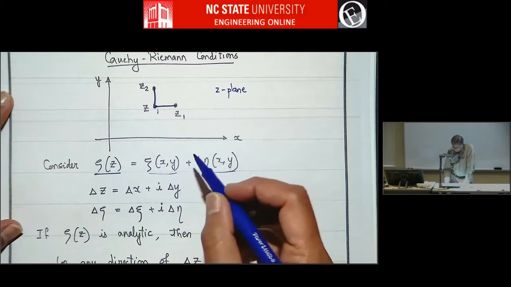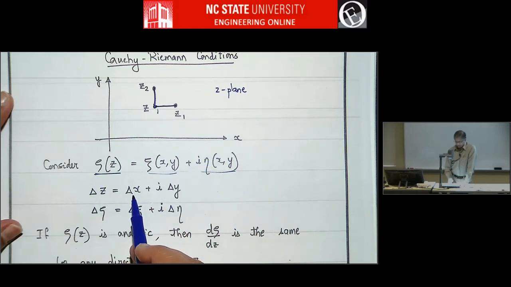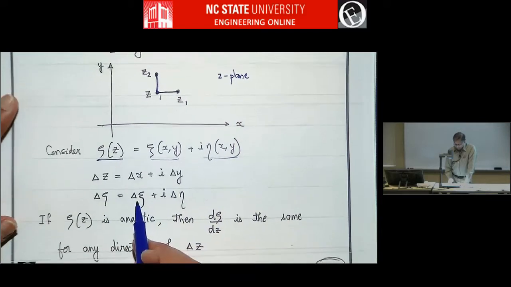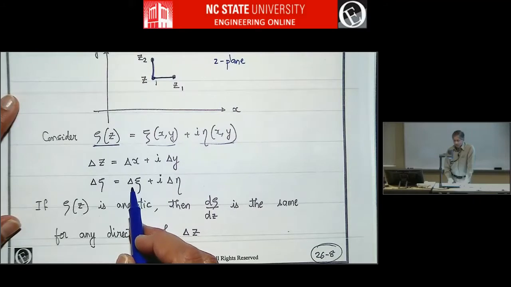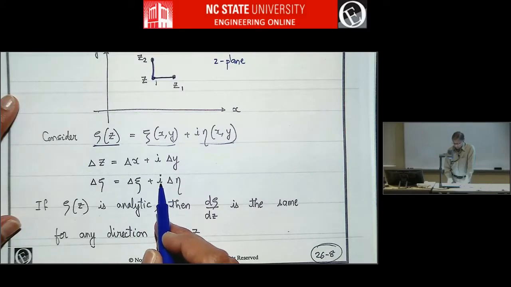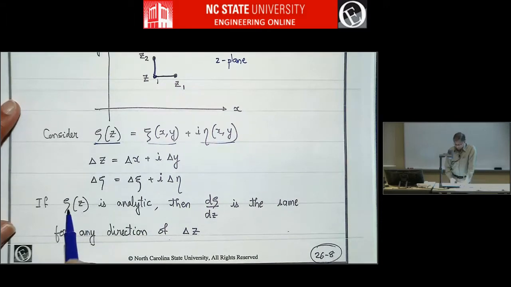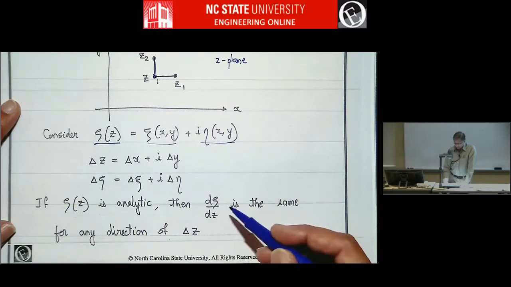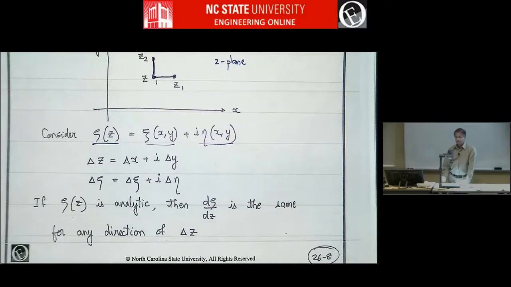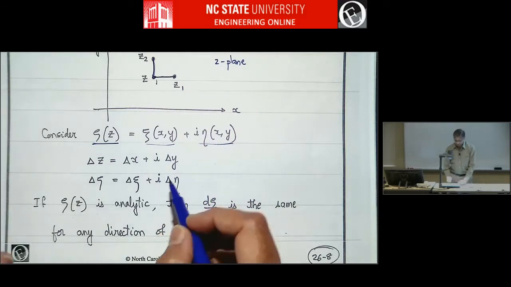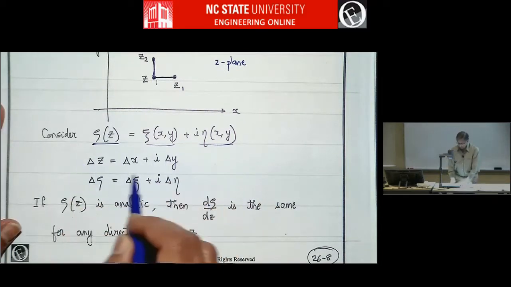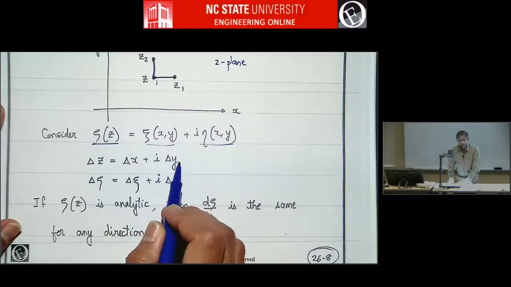So we know that delta z is some delta x plus i times delta y, and delta zeta is delta psi plus i times delta eta. If zeta of z is analytic, then d zeta dz should be the same for any direction of delta z. This can come from many directions depending on these two.